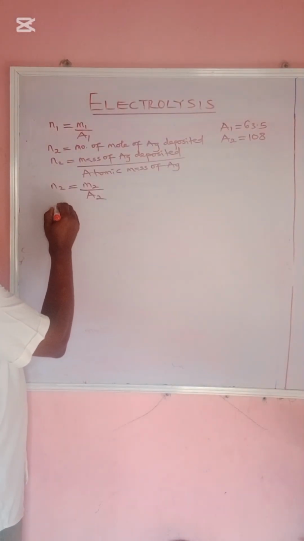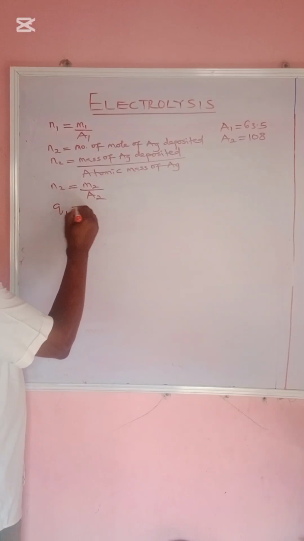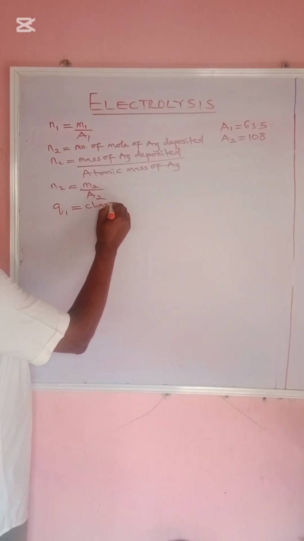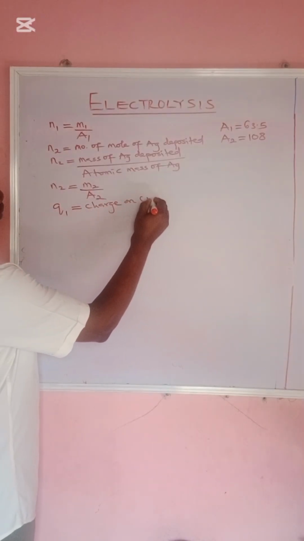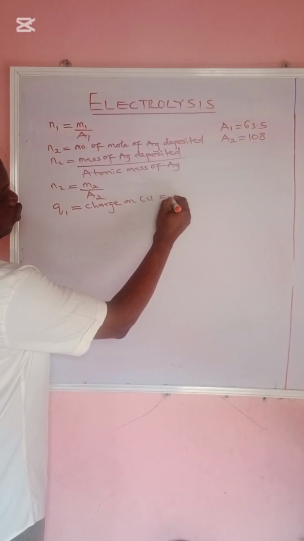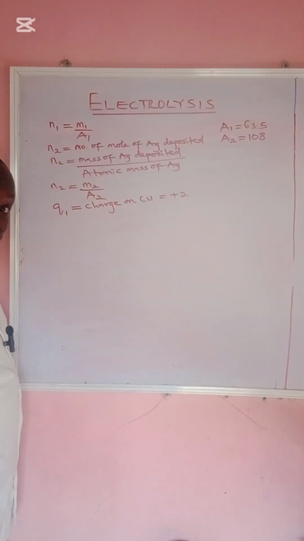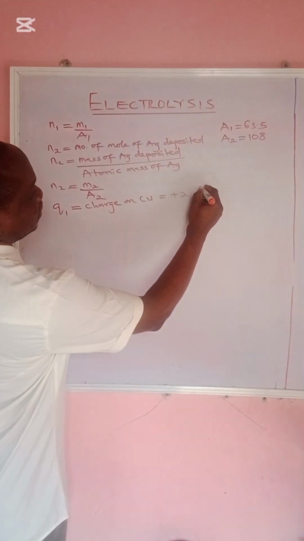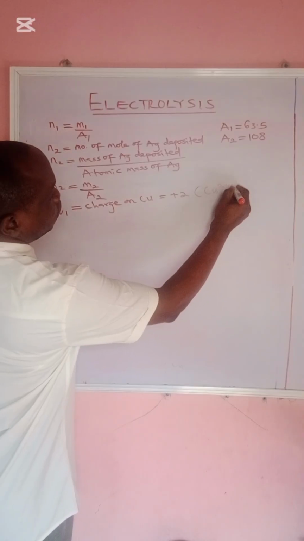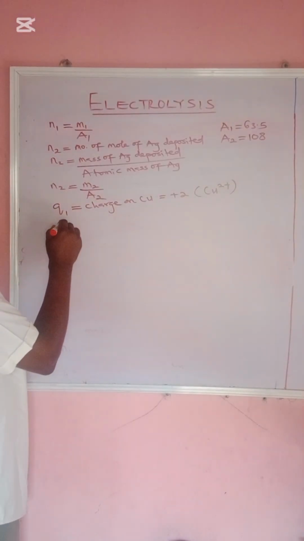So let Q1 be equal to charge on copper. You know it's plus 2, because copper is written as Cu2 plus. So the charge on copper is 2 plus.